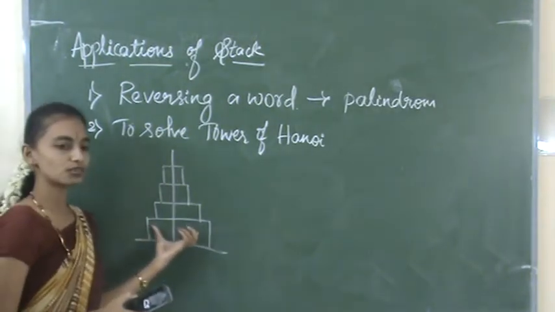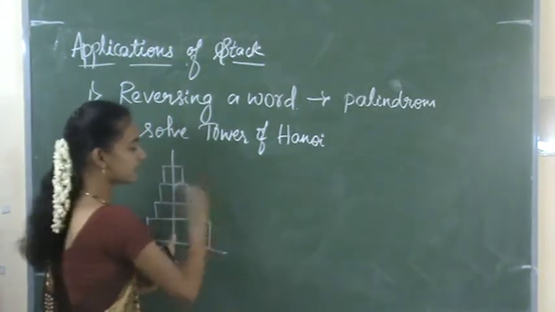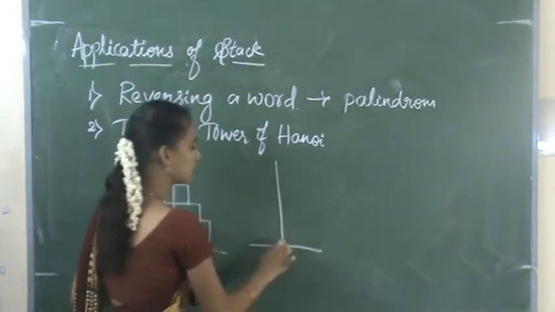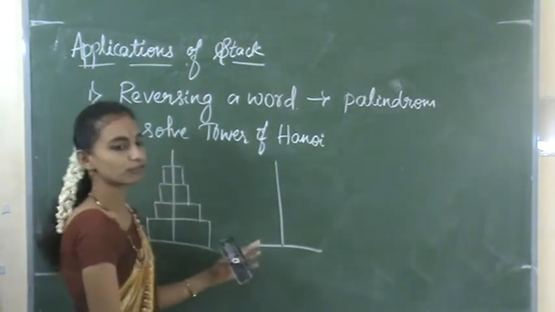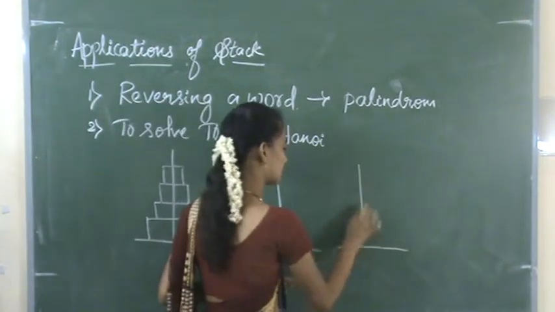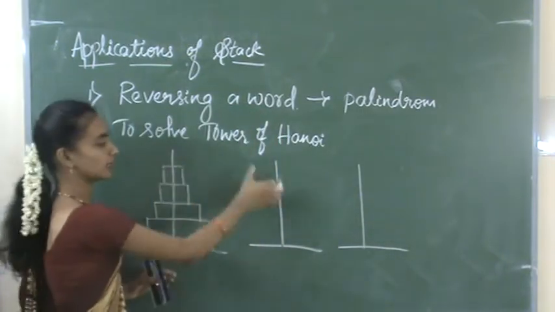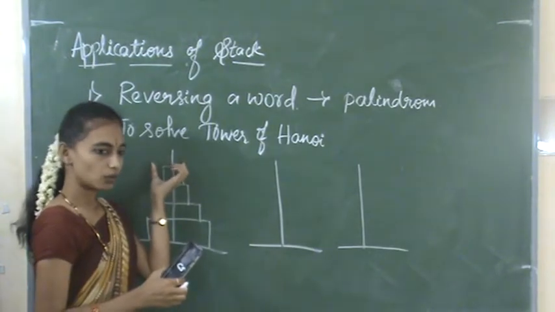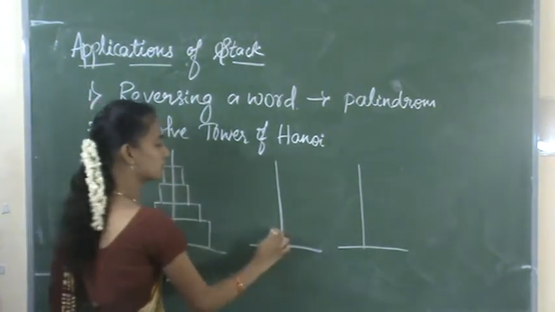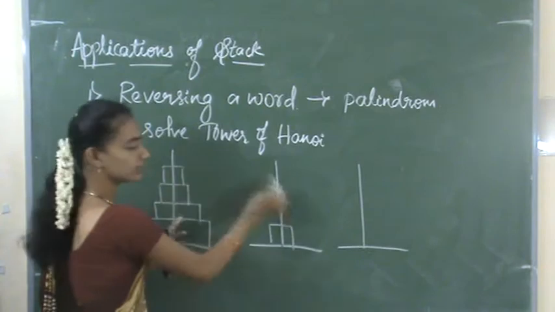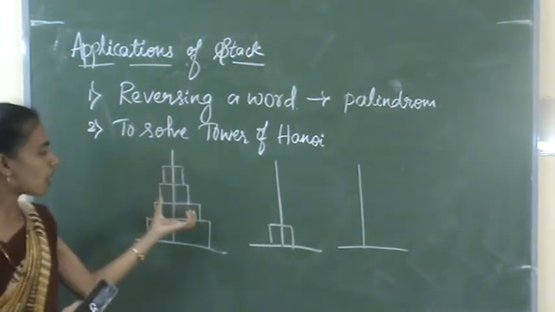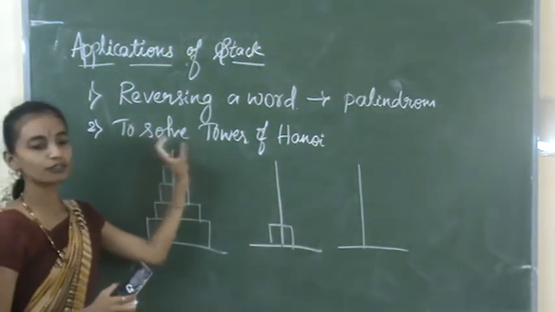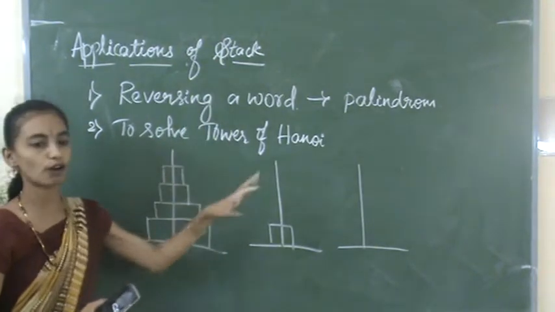These blocks will be arranged as they are on the other stand with the help of a third stand, right? So first we are shifting the top of the blocks, first we shift this to here and then like this. To solve this, we use stack. So that is Tower of Hanoi.